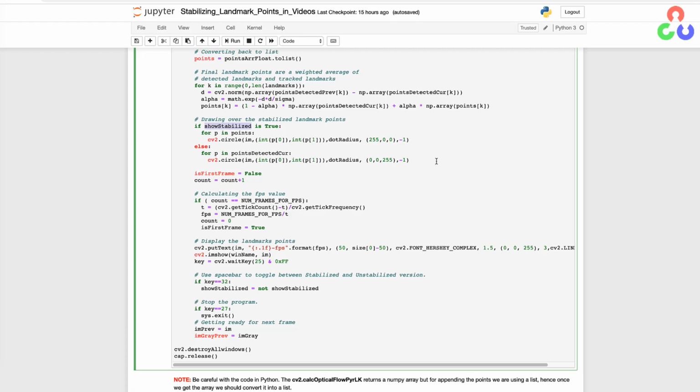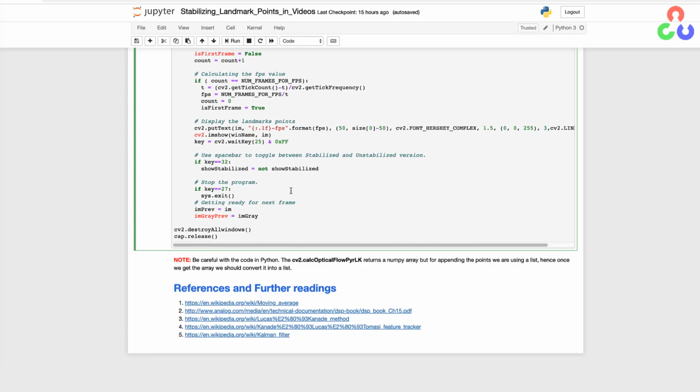This way you can toggle back and forth and see how the results are. We also set the first frame to false, increase the count. The count is used to calculate the frames per second. So in this piece of code, that is exactly what we are doing. We are calculating the FPS. And the rest of the code is simply displaying the results. So that is it for this video.